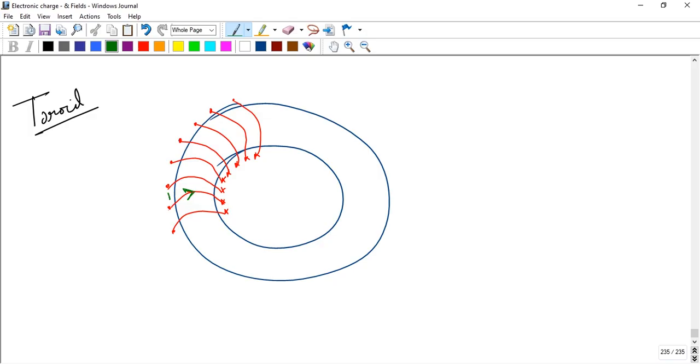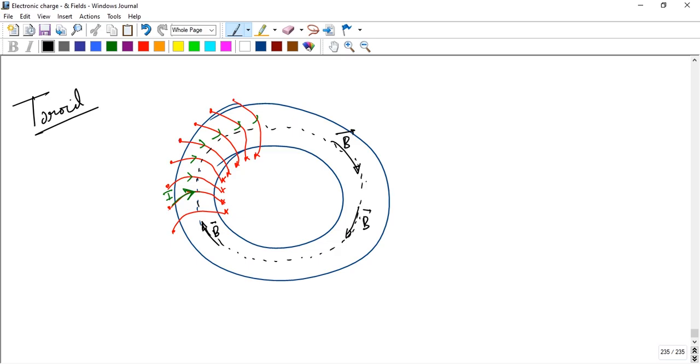The green color represents the current I. If I apply the right hand thumb rule and choose the Amperian loop inside the donut, the magnetic field B is in the clockwise direction.